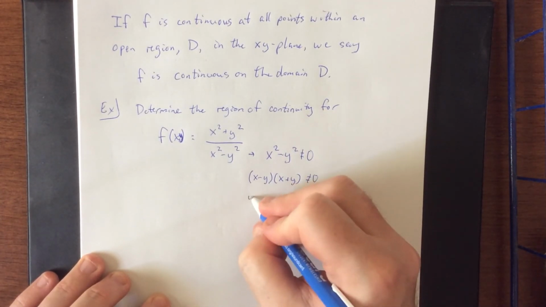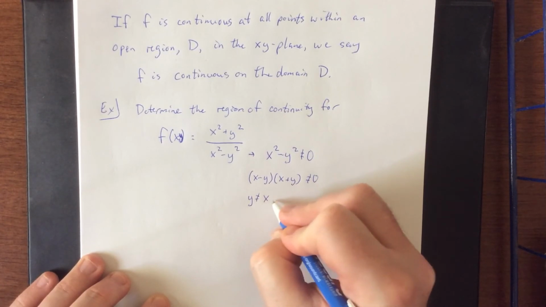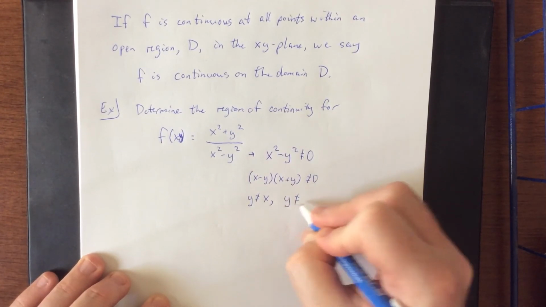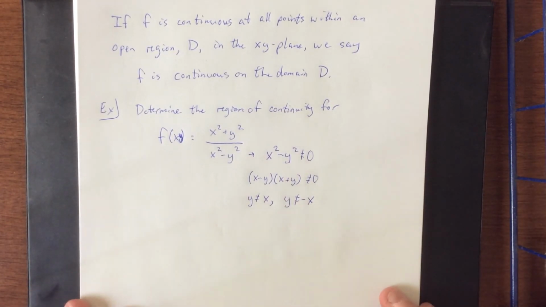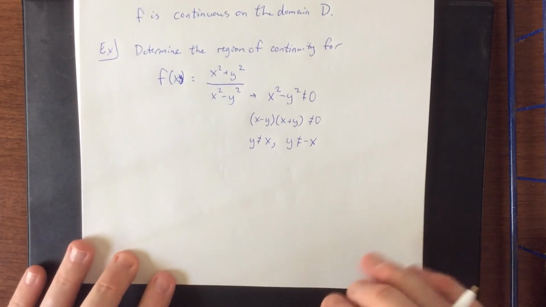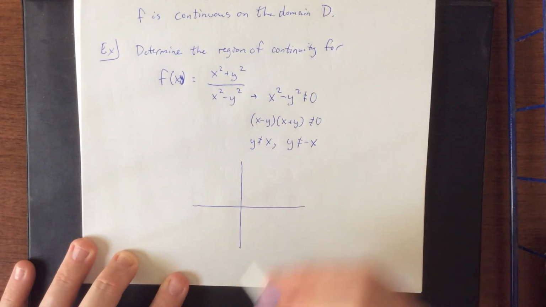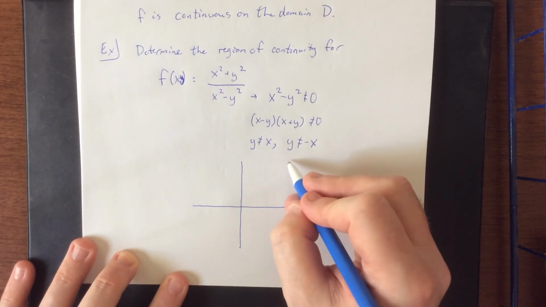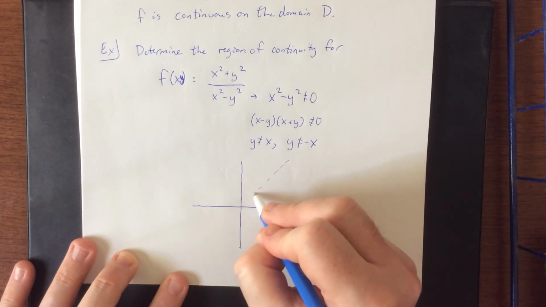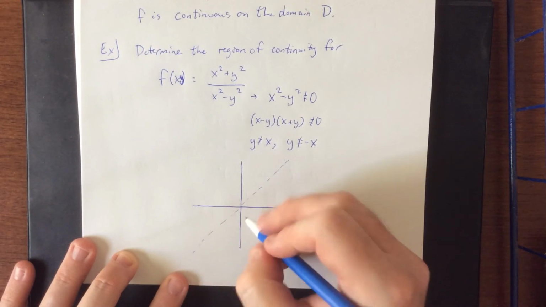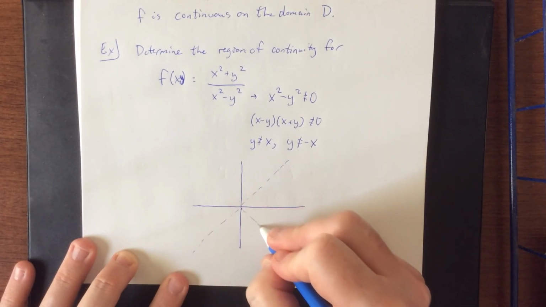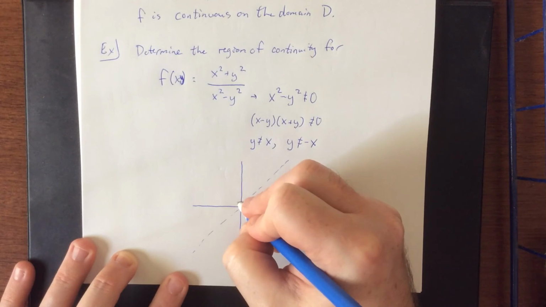So that tells me that y cannot be equal to x and that y cannot be equal to negative x. Within the xy plane, similar to what we saw for the domains of the previous section, this means that the domain of this function will include all of the xy plane except for the lines y equals x and y equals negative x.